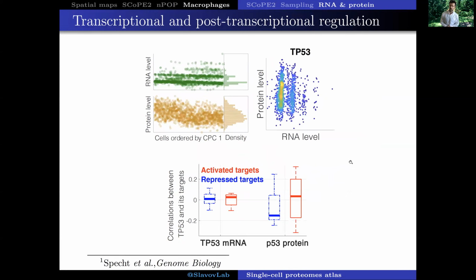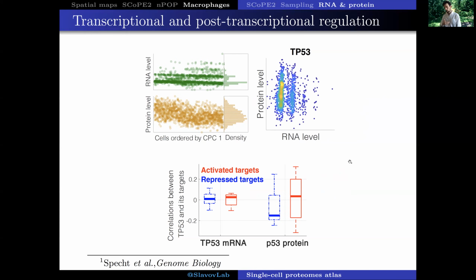Now, more interestingly, if we look at p53, the tumor suppressor protein, we find that the RNA and the protein levels are not strongly correlated, which perhaps reflects the regulation of p53 by protein degradation.